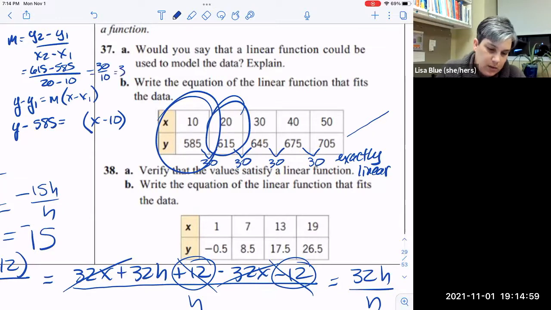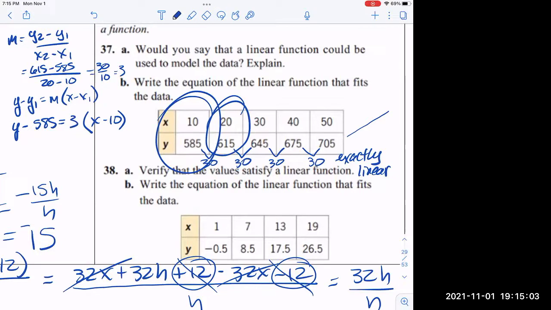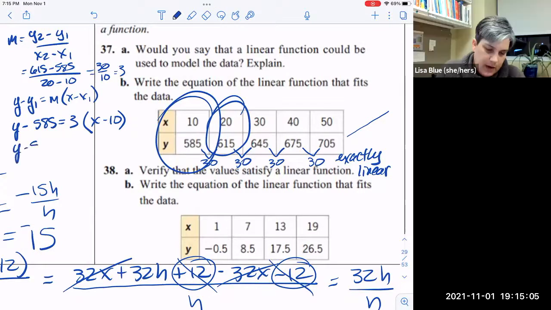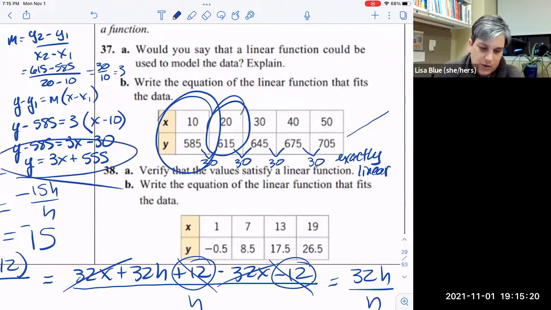So the slope is going to be 3. Okay. And then we say y minus 585 is equal to 3x minus 30. And then we could say y is equal to 3x, if I add 585 to both sides, that's going to give me 555. And that is your equation for the line.